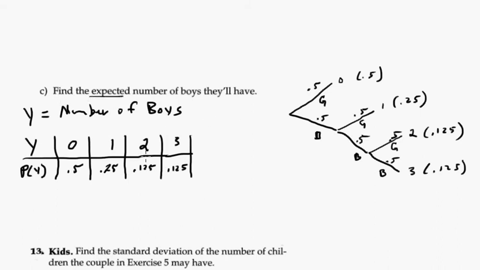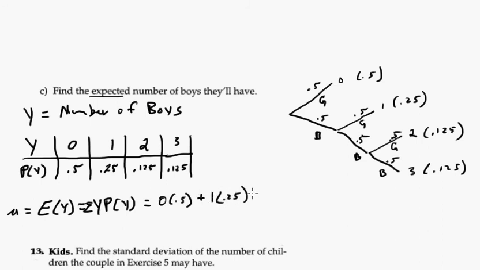So they want the expected number. I had to build the probability model in order to be able to do the computation. So mu equals the expected value of y, which is the sum of y times the probability of y. So it's going to be 0 times 0.5 plus 1 times 0.25 plus 2 times 0.125 plus 3 times 0.125.